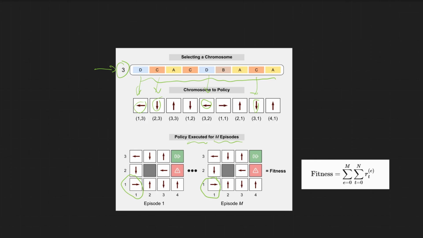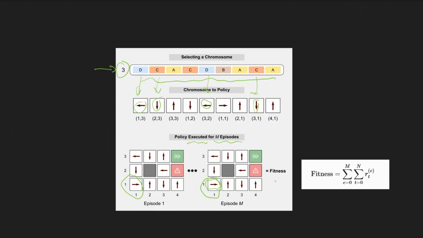So this action, go right, will be executed only 80% of the time. 20% of the time, it can happen that the action will be turned into go down or go up. So this is why we need M episodes, because the final reward that we are going to get for every episode could be slightly different due to this stochasticity.